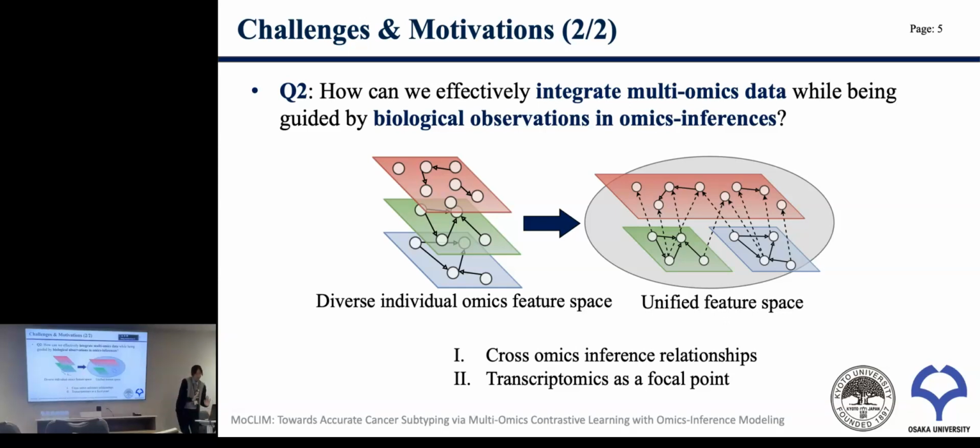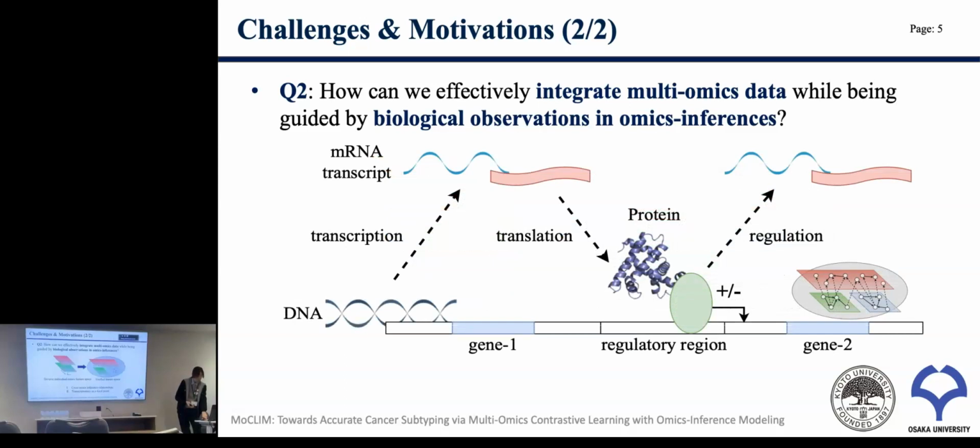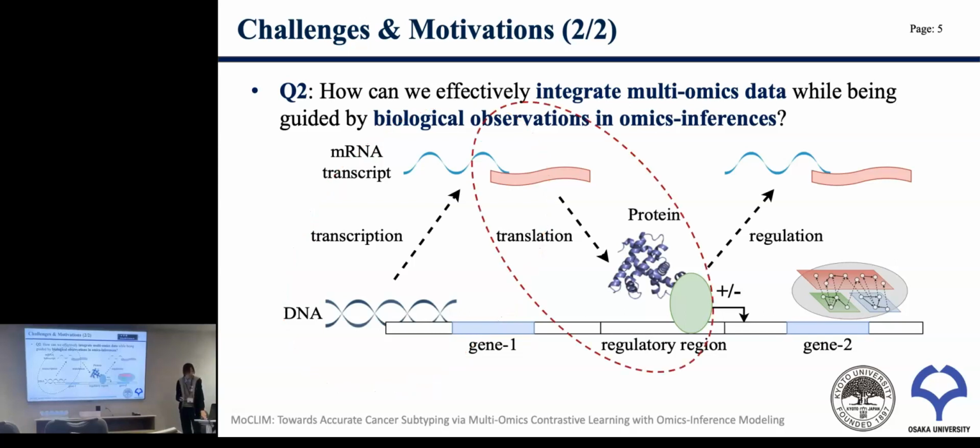In this feature space, there should be some cross-omics inference relationships between all these omics layers. In most cases, we should consider transcriptomics as the focal point. As shown here, at the beginning we have DNA sequences, and after transcription, we get messenger mRNA transcripts.